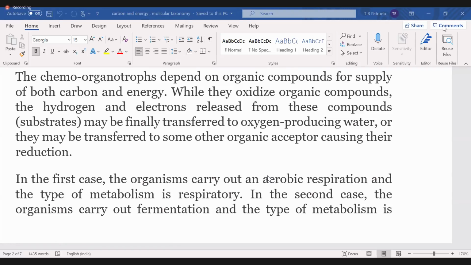Chemoorganotropes, and organic compounds are their supply, both in carbon and energy point of view. But in all the cases of the metabolism, meaning its activities of anabolism and catabolism, anabolism and catabolism, the destruction and at the same time the cohesive structure mass generation, these two take place. In what way?